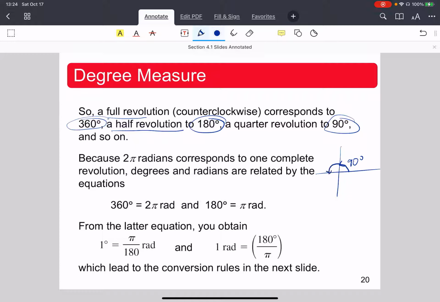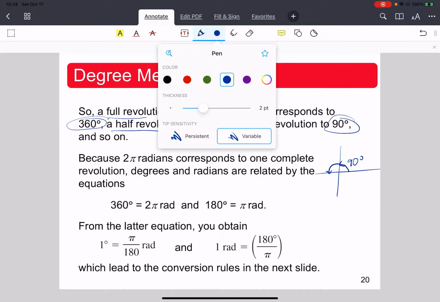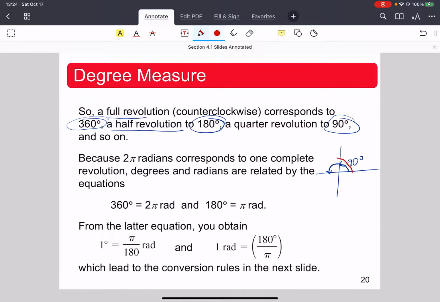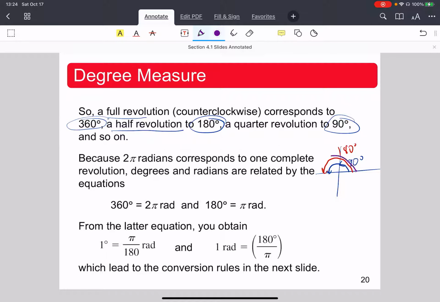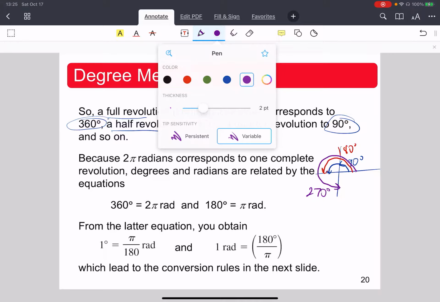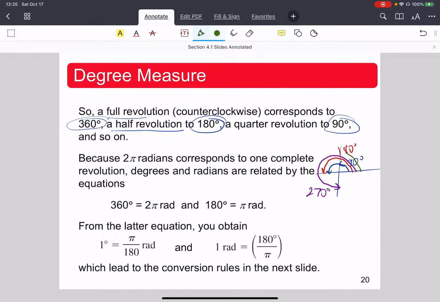Going from here to here, now the total, let me use a different color for the total, going from here to there is 180. If I continue going more, I end up at this side, which is 270 degrees. And if I decide to complete one full revolution, I get this green angle that is equal to 360 degrees.